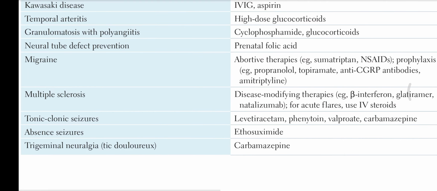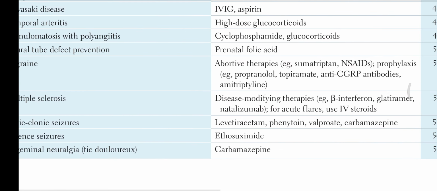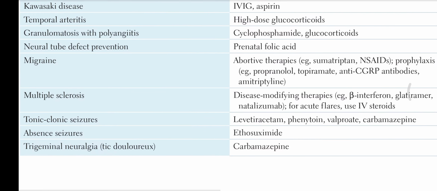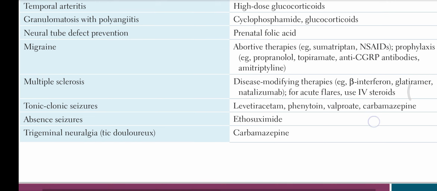In abortive therapies, sumatriptans and NSAIDs are given. For prophylaxis, propranolol, topiramate, anti-CGRP antibodies, and amitriptyline are given.